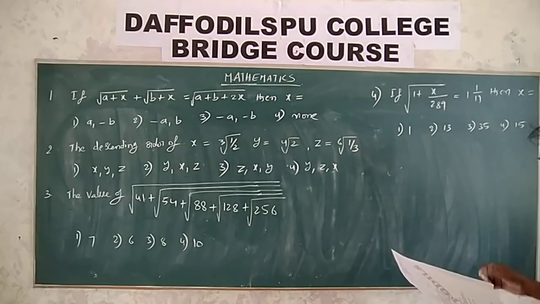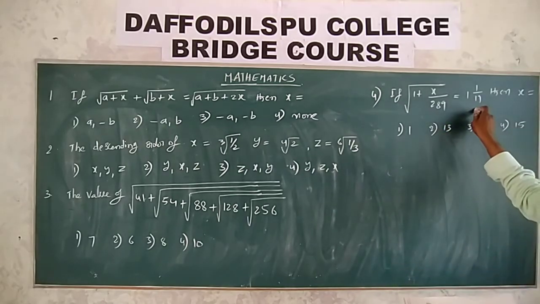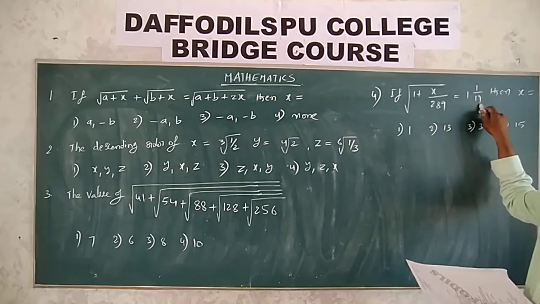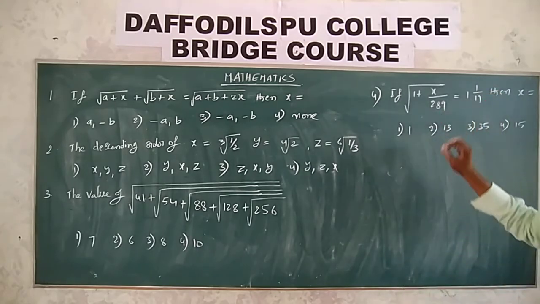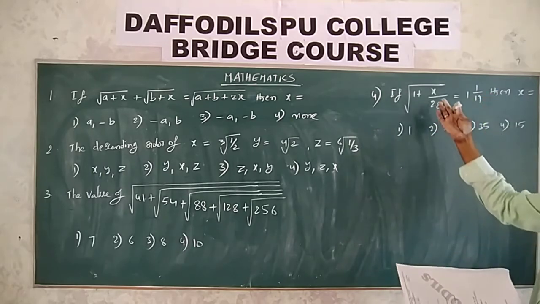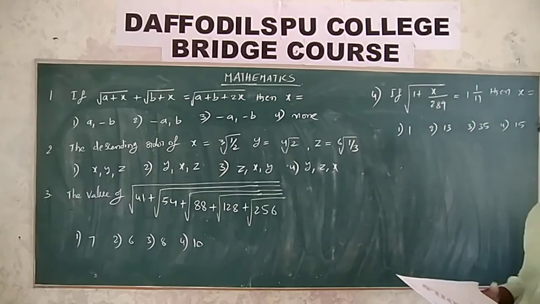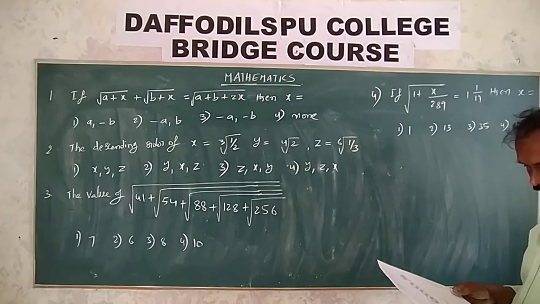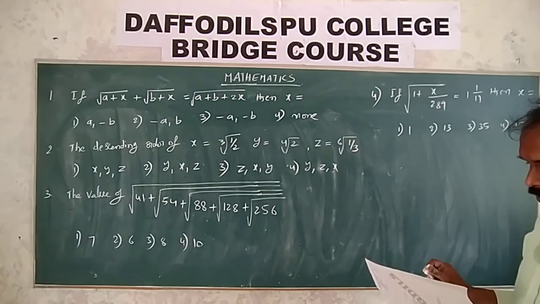How? This is squaring on both sides. First of all, convert it to a rational number. Afterwards, squaring on both sides and take LCM. Find the x value. So like that you solve. Next, one more.